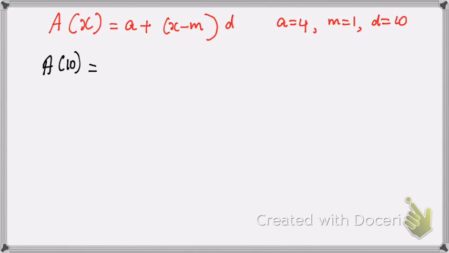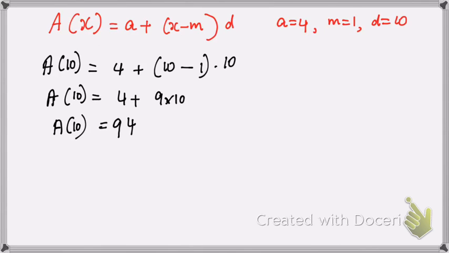A of 10 would be 4 plus 10 minus 1 times 10. So when you solve that, you will get a of 10 equals 94. That's the 10th term.